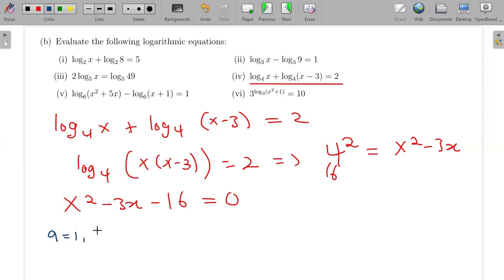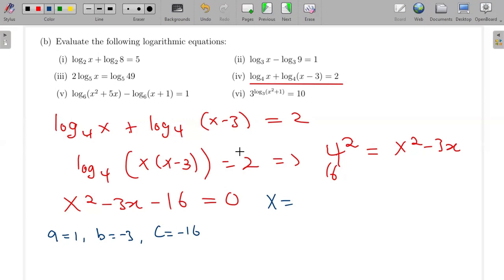So my a is 1, my b is minus 3, my c is minus 16. So it means x will be equals to, okay, b.